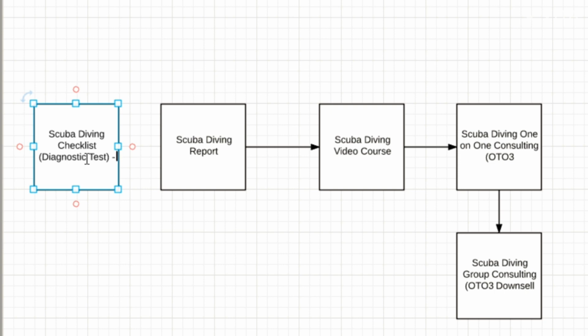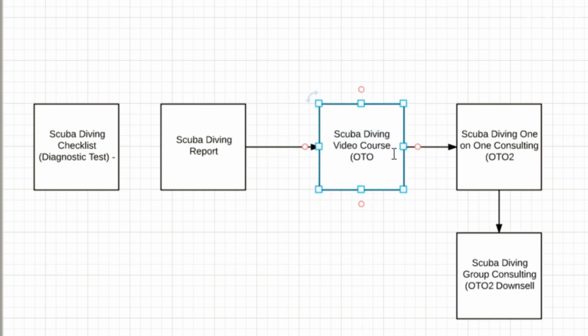So let's see, OTO3, 2, 1, front end offer. So I'm going to actually do just OTO2 because in this case we could solve their problems via this. So we're going to do OTO1. We're going to do, actually, instead of a report, we're going to do an ebook.